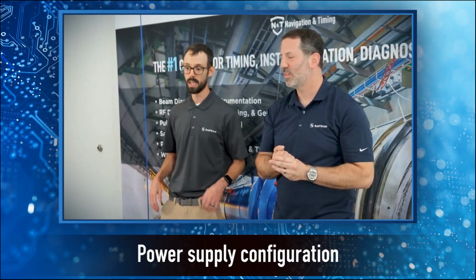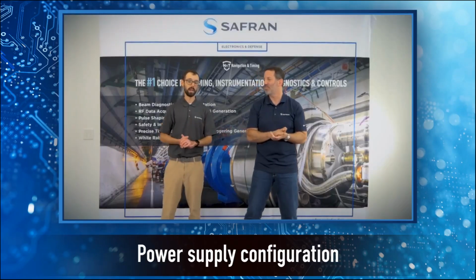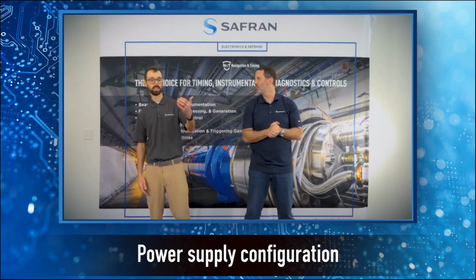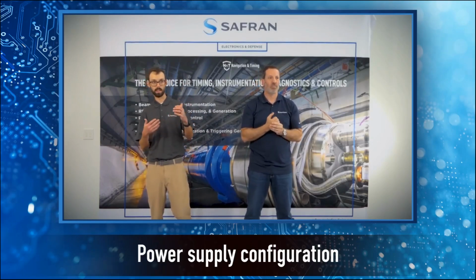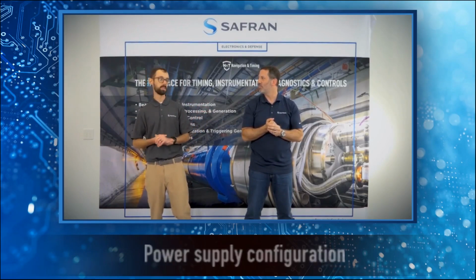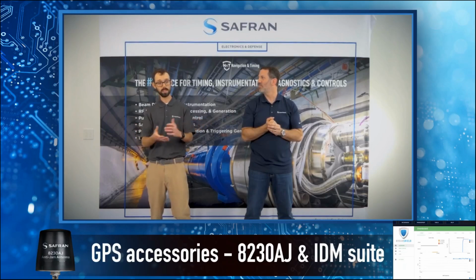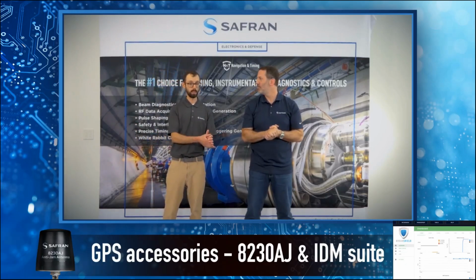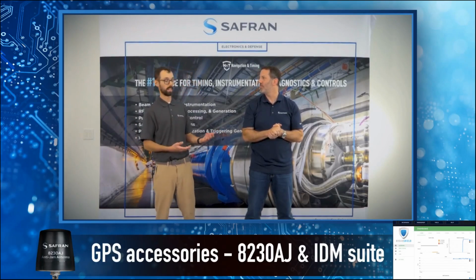and those things. I guess as we start talking about some of the finer details, one of the things that we want to end with is, at least on the Secure Sync VersaSync portion of choosing your timing solution, is some of the accessories, mainly the IDM suite itself that we have, and the 8230 AJ antenna.